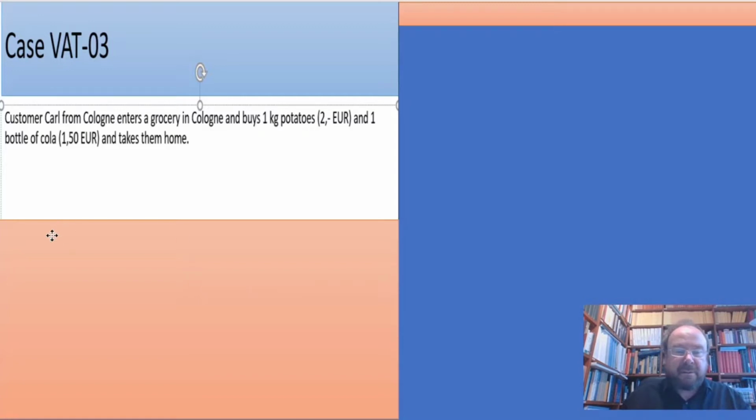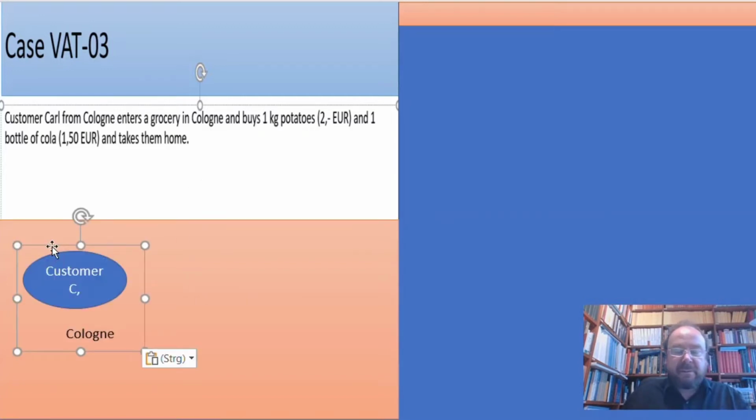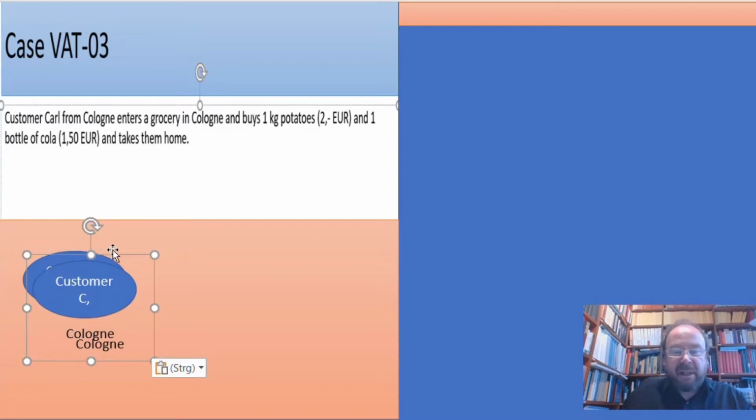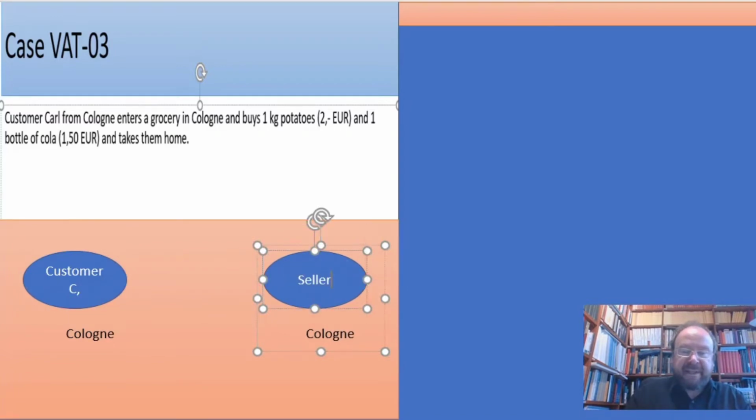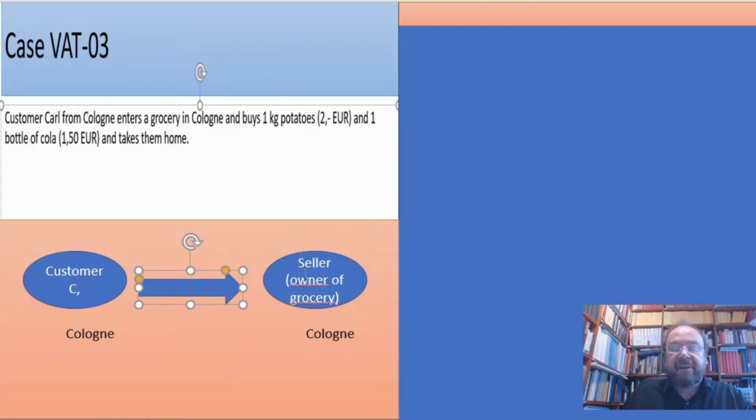Here's the customer in Cologne, and we have here, and this is not the customer in Cologne but the seller, owner of grocery, and also that guy is in Cologne, and the one sells something to the other. And now let's have a check.